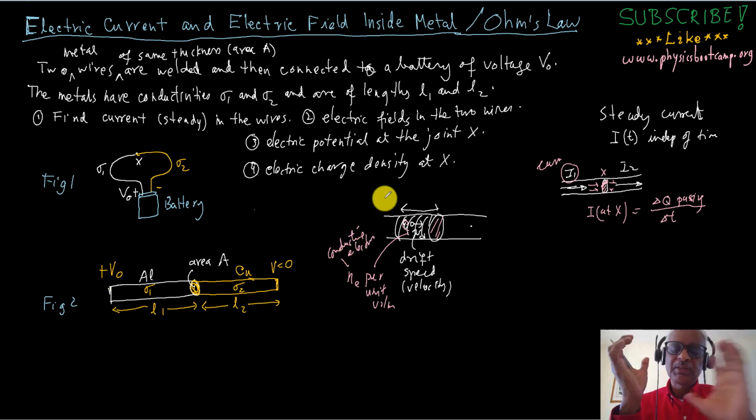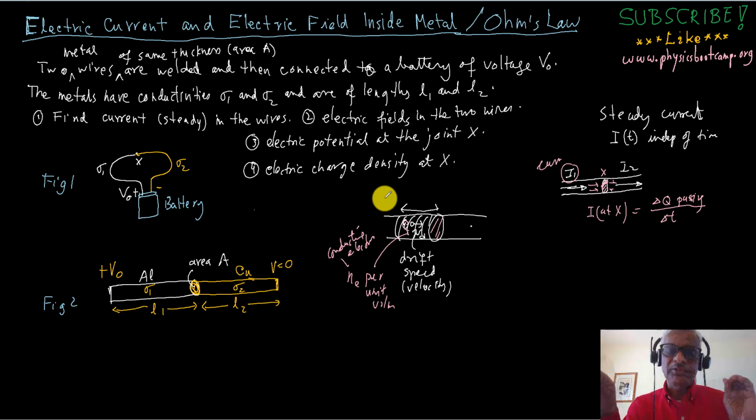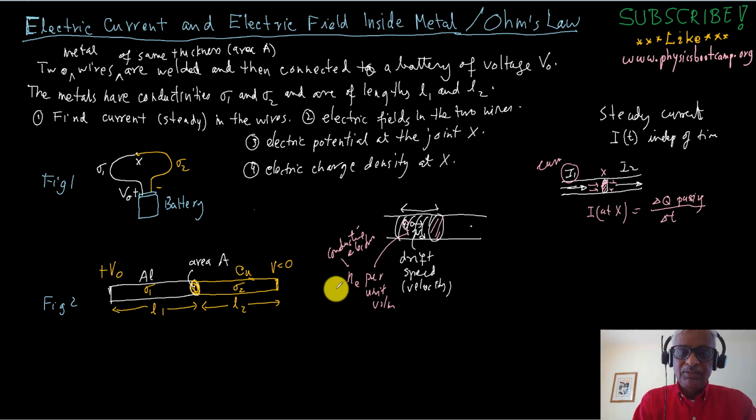If you look at copper, there's only one electron per atom that's conducting. Then this will be like how many copper atoms per unit volume. So that's how many electrons there will be. It's usually a pretty large number, so you may want to compute using the density of copper atoms.